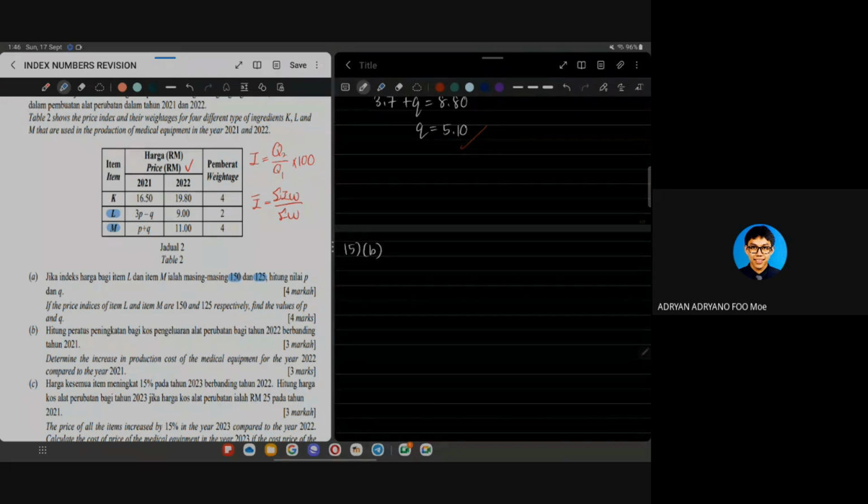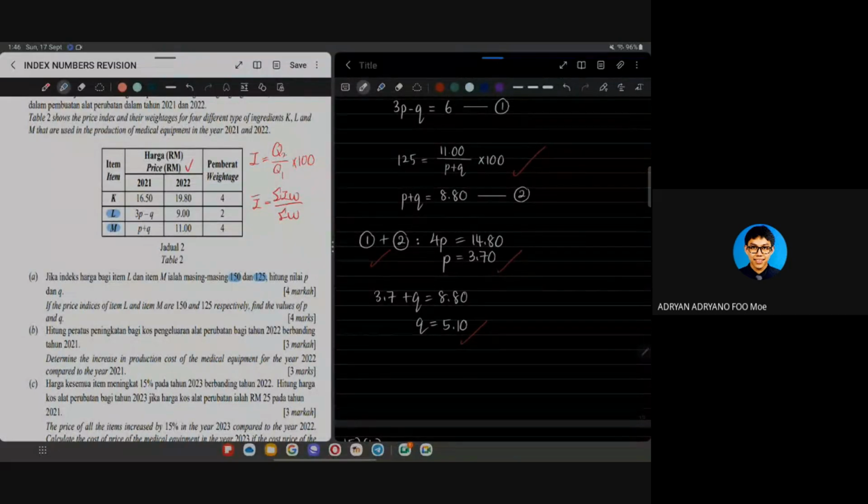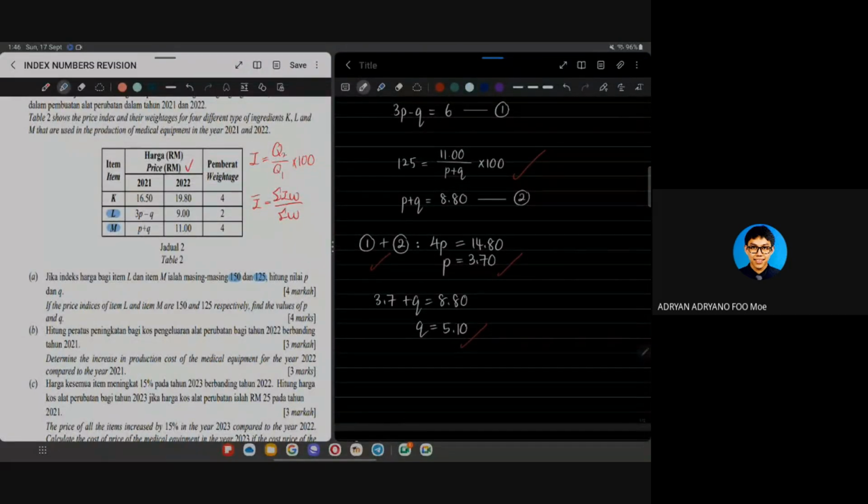That's why it's called composite. Teacher, if I substitute without writing the 1 plus 2 thing, can I get mark? Okay, very good question. If you use substitution method, you must write this word. Sub small into small. I must see this word. Okay, so both also can. However, the key is if you use elimination, I must see you write 1 plus 2 or 2 minus 1, up to you.